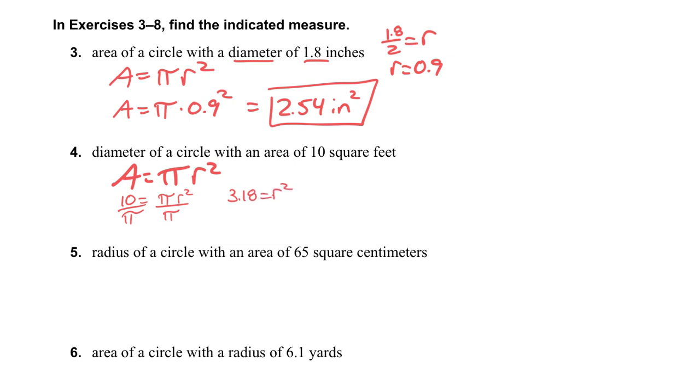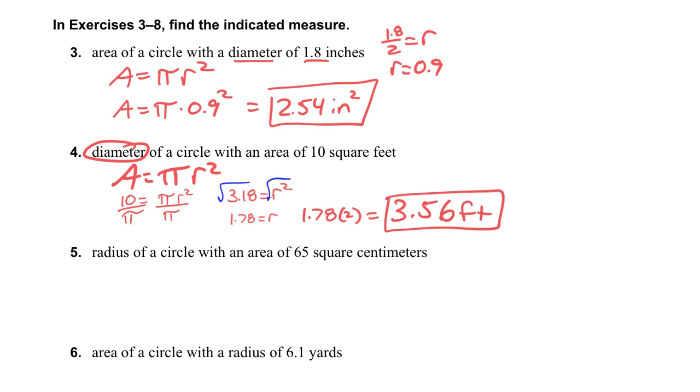At this point, I take that square root. Sorry, that's a really bad looking square root. Square root. And now I get that my radius is roughly 1.78. But again, it's asking me for the diameter. So I'm going to take that 1.78 times 2, and it's going to give me a diameter that's 3.56 feet.